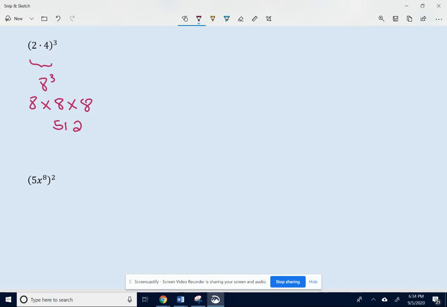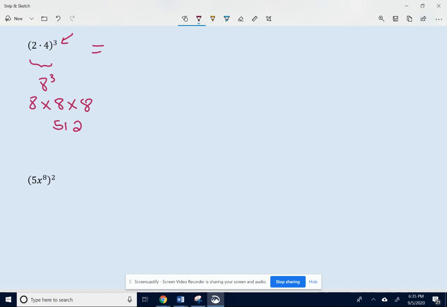But what I want to do is expand this because I want to show you the trick. So if I have 2 times 4 to the third power, I'm going to think about the exponent of 3. The exponent of 3 tells me to multiply the 2 times 4, because that's what's taken to the third power.